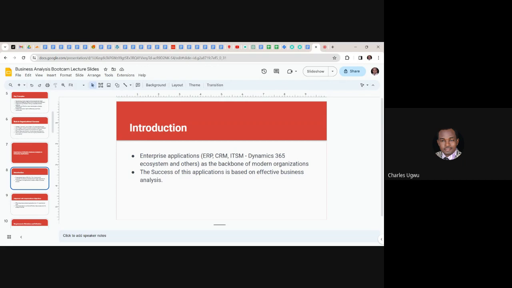Then we'll talk about ITSM. There are so many enterprise applications in ITSM. We have ServiceNow, and so many of them. So these are the things we are going to be using. Even in this our training, we're still going to be using so many of these enterprise applications. We can't do without enterprise application.